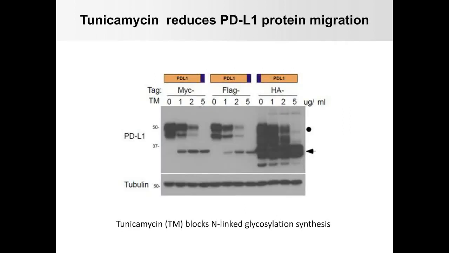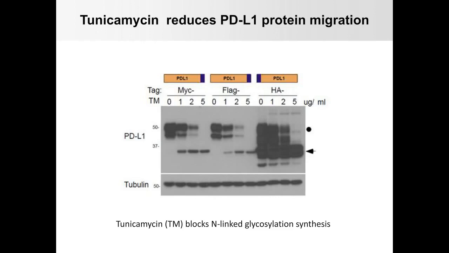Next, we would like to know whether the molecular weight 50 form of PD-L1 that we observed is really due to glycosylation. In this experiment, we overexpressed different tagged versions of PD-L1. We have a MYC tag at the C-terminal, a FLAG tag at the C-terminal, and we created another with an HA tag at the N-terminal. We overexpressed these constructs and then treated the cells with tunicamycin.